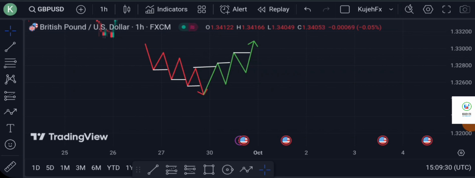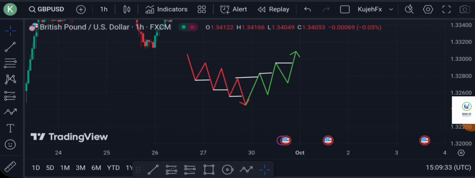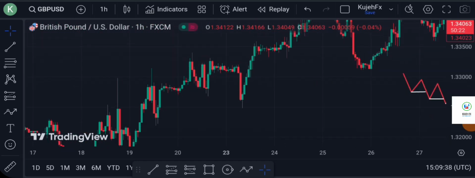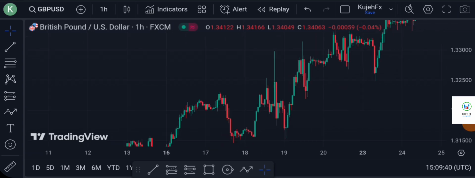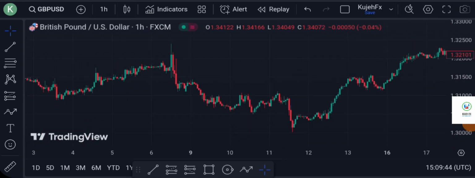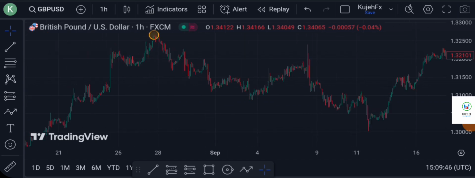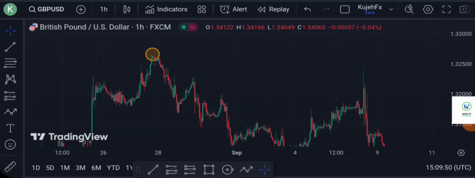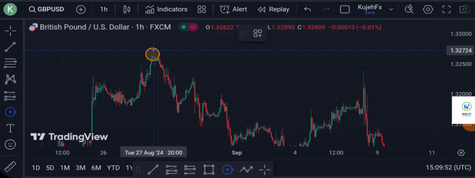So let's go to the chart and mark this structure in this live chart. This pair is GBP USD, and this is the 1 hour time frame. So let's start from the top here. If you can see here, this is what we call a higher high.